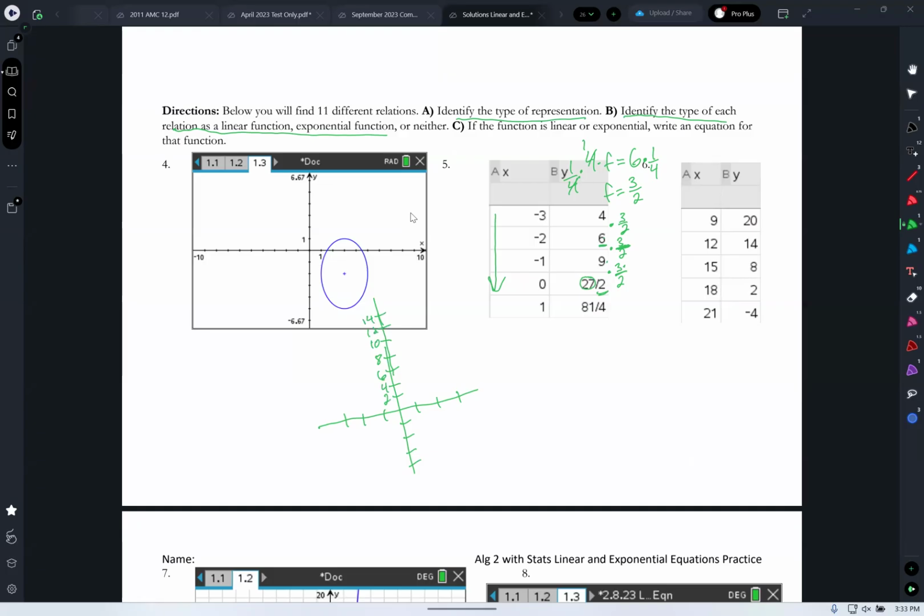And so I've got the point -3, 4. I've got the point -2, 6. I've got the point -1, 9. And I've got the point 0, 27 divided by 2, which is 13.5. And I know this is that exponential function.